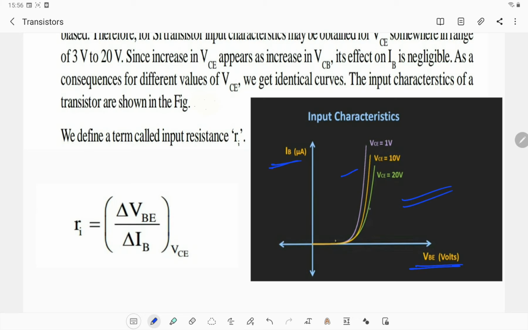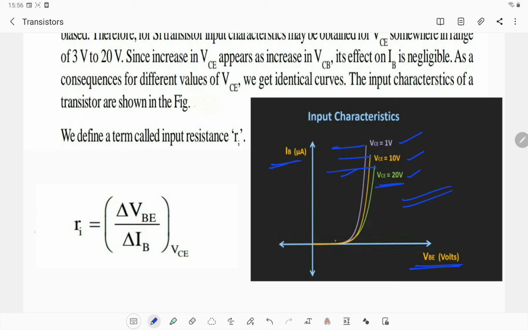These are the graphs drawn for different values of VCE, such as 20 volts, 10 volts, and 1 volt. As VCE decreases, IB increases. This is the input characteristic, like a PN junction diode.